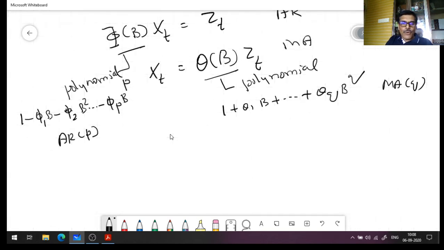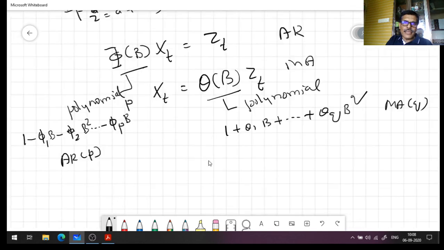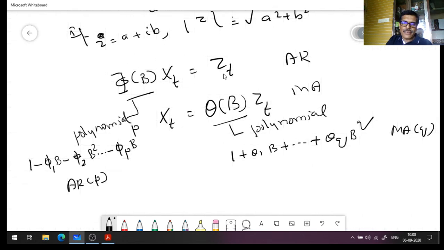That's all. Now what I am trying to say is, if you have an AR model, this AR has an MA infinity representation, because once I write this, I don't have this AR part anymore.